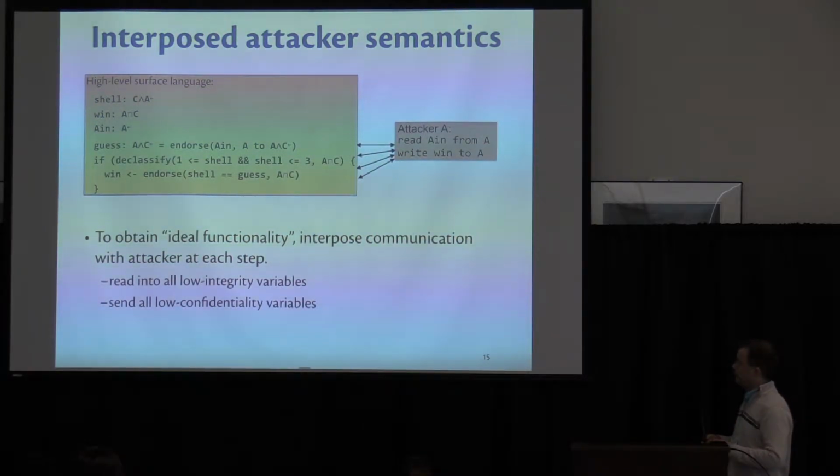So then we can imagine that there's a little attacker program, which reads from all of the variables that Alice is allowed to read directly according to the information flow policies, and writes to all the variables that Alice is allowed to modify. And that program is interposed basically at every program point. And that, in some sense, gives you the corresponding ideal functionality for the program.